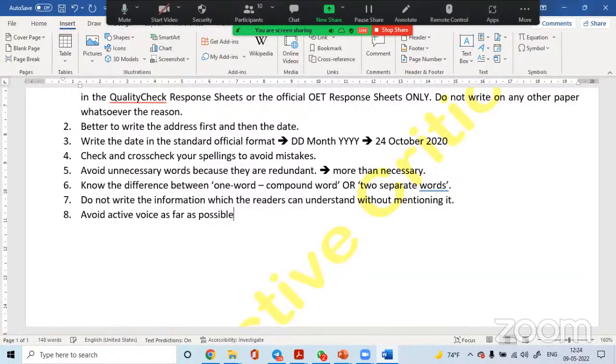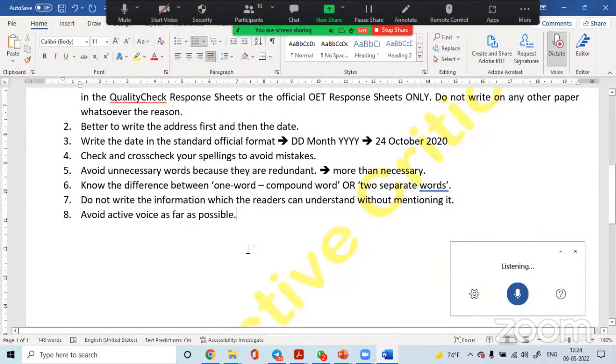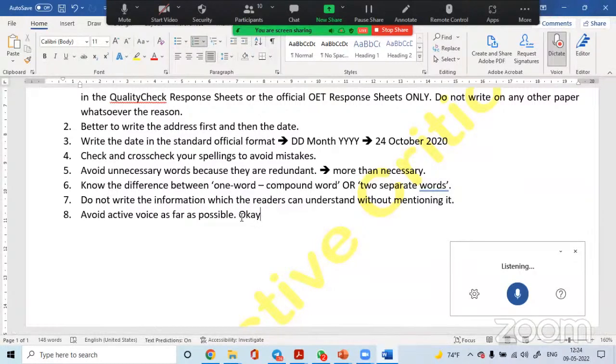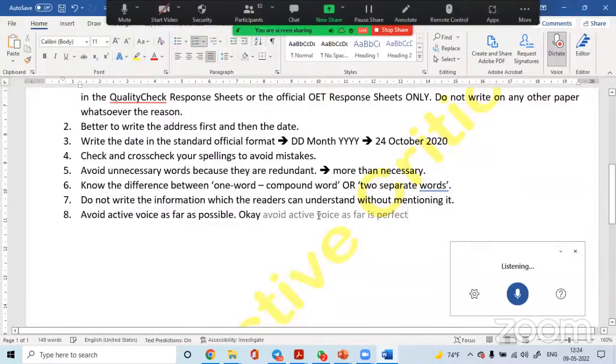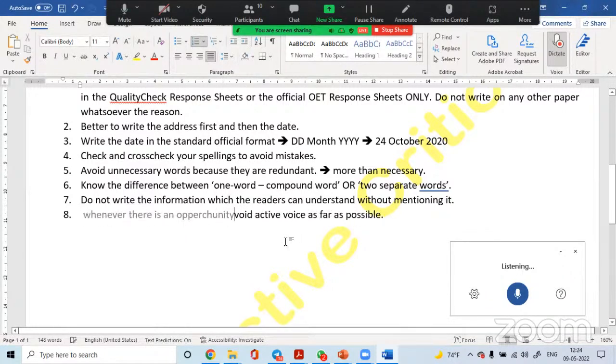Avoid active voice as far as possible. Whenever there is an opportunity, use the passive voice.